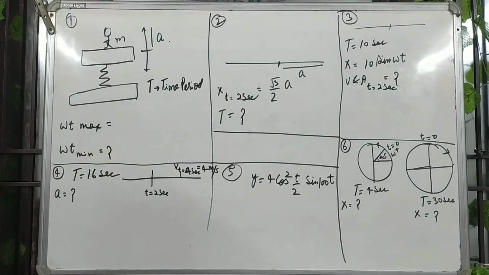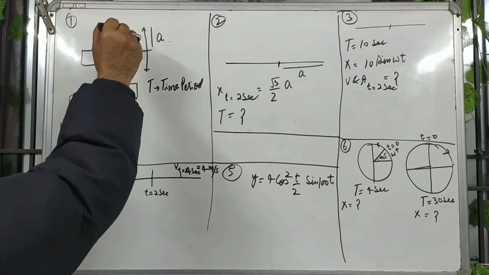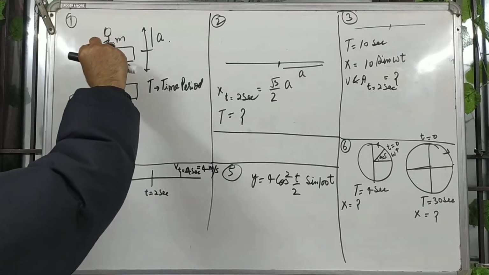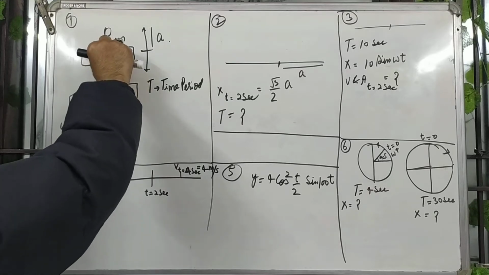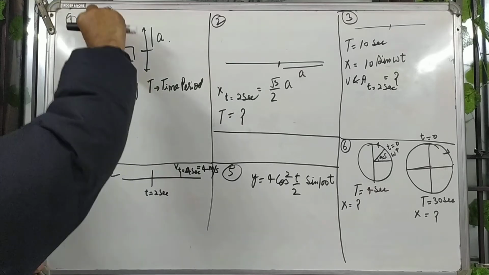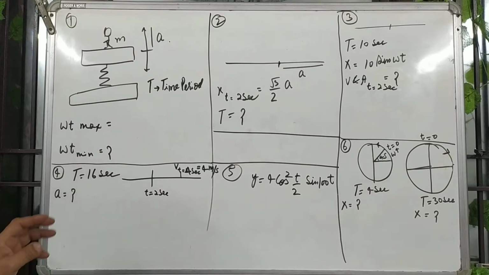This is a weighing machine. In this weighing machine, this is a man, and this is the plank. If the plank stops oscillating, what will be the minimum, maximum, and real weight of the man?